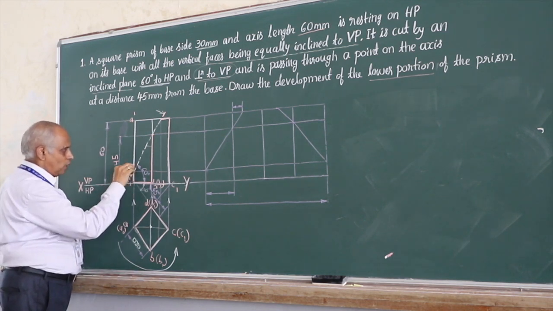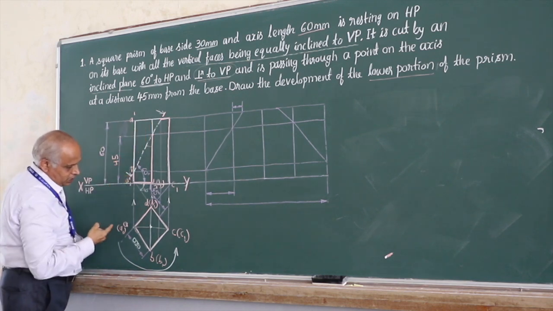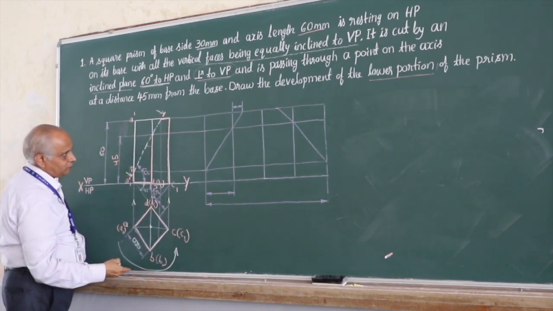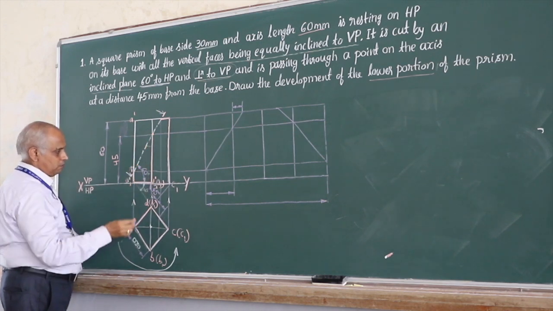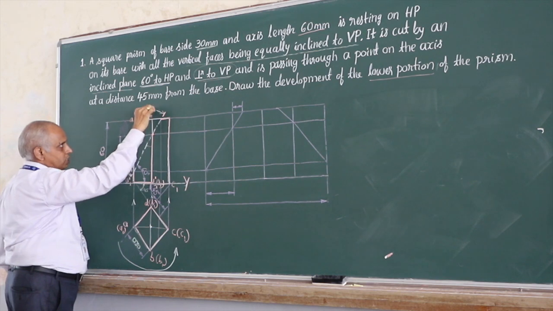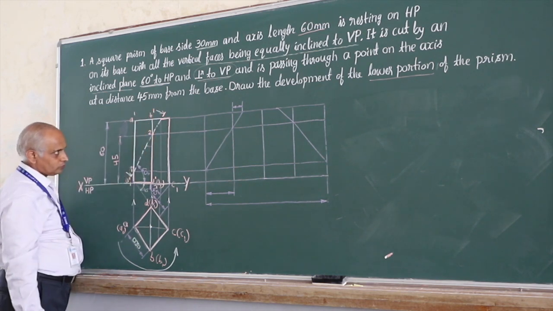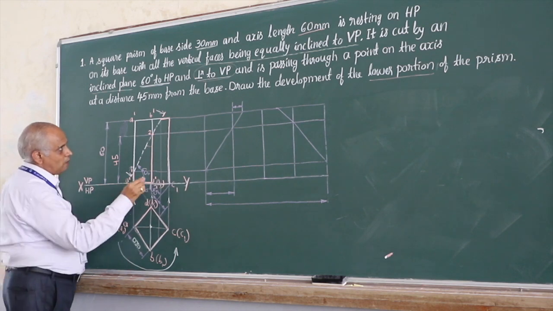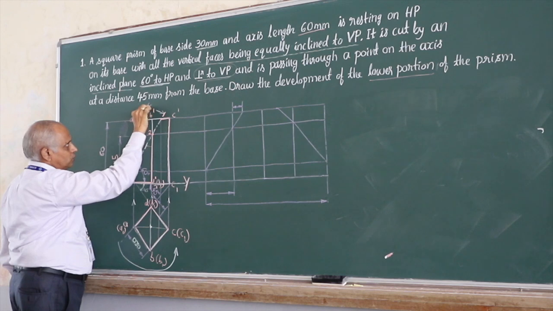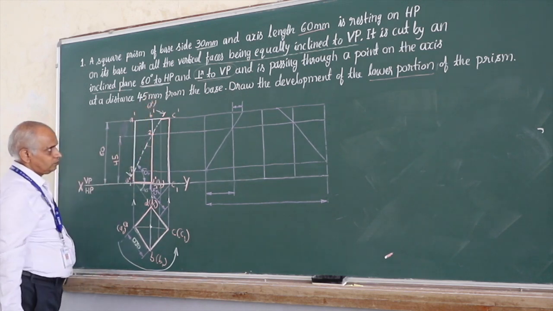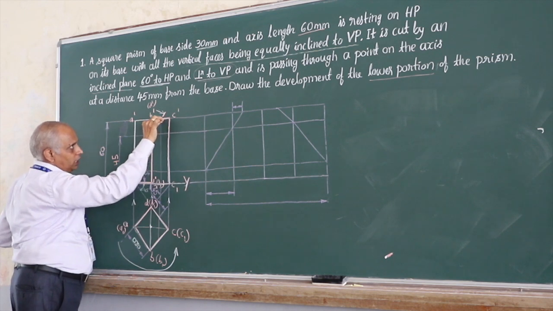So call this as 1 dash. Next, as you move along the section plane with all the visible edges, that is in the front side, you will be noticing that it is cutting this B1 dash B dash at section point 2. And when you go up further, remember this is C dash, and here of course there is D dash. When you go further, it next cuts the visible horizontal edge.